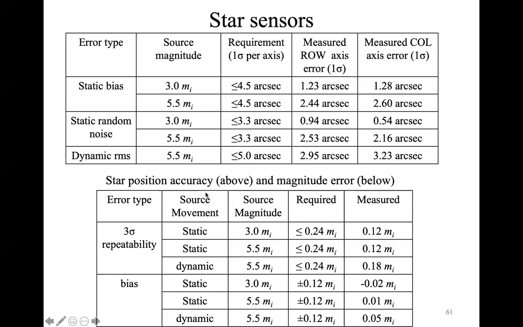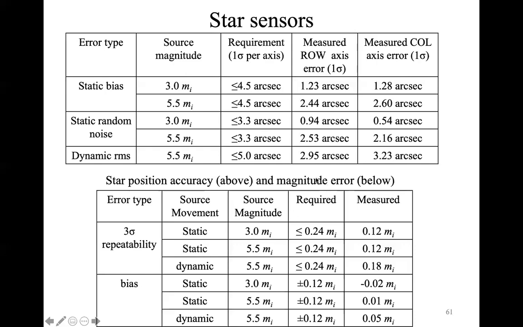So the difference between the two is that the first table is related to the star position accuracy, so it is basically related to the catalog error. For each star with a specific magnitude, there is an error in the position of the star that gives you this error sigma here.